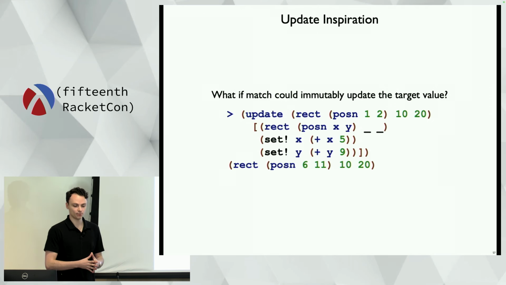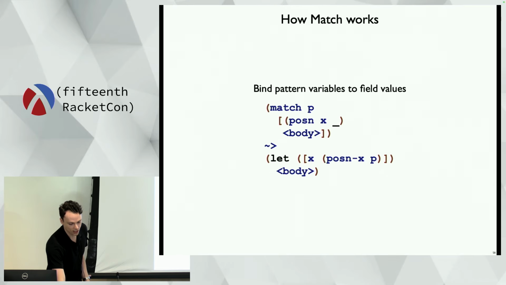So now let's talk about update. The inspiration for this, how I came up with this language, is I was looking at match and I said, what if you could set! the pattern variables and that actually updated the value of the target that you're matching on? And you can't do that with match, and to see why, let's look at how match actually works.